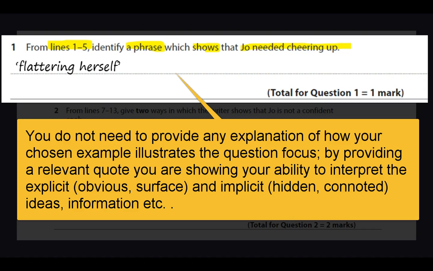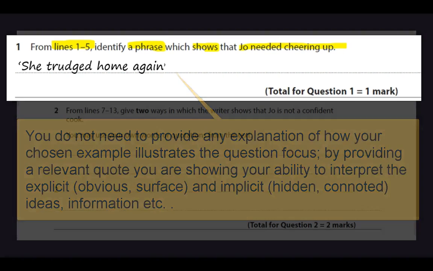She was flattering herself, so she's trying to convince herself that she's happy or she's a better cook than she actually is. And then finally she trudged home again, and that word trudge suggests that she's sort of walking in a downcast kind of way. Okay, so for question 1, it's always a better idea to provide a direct quotation for that one.